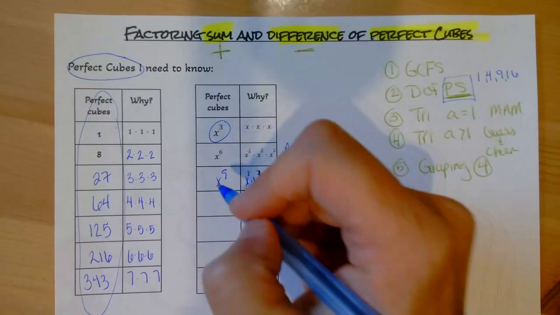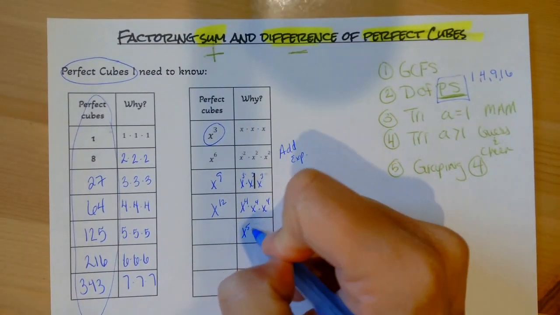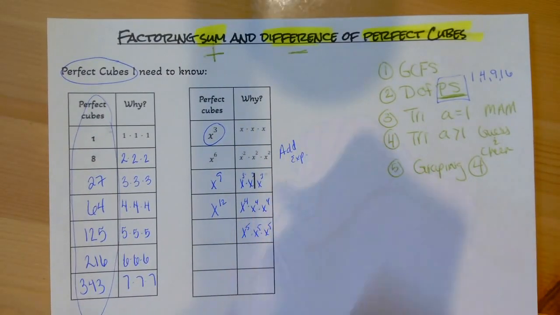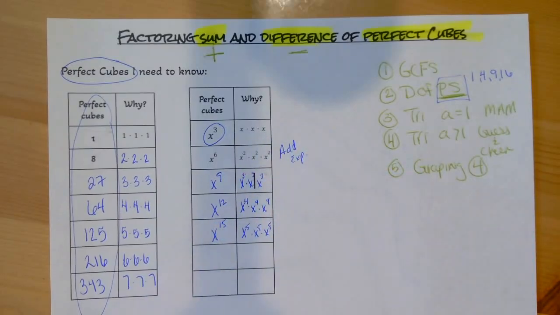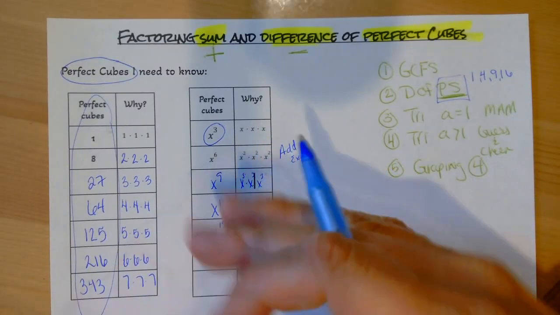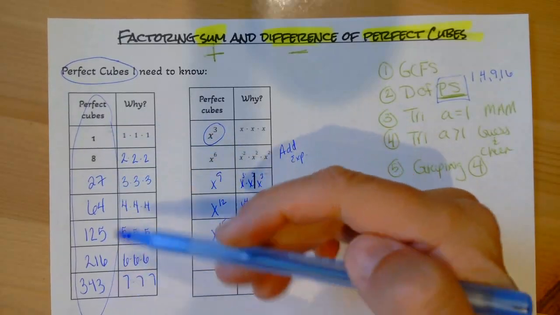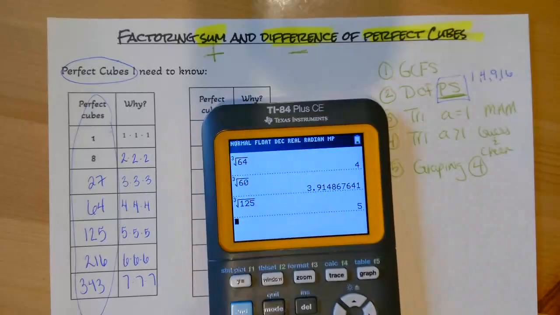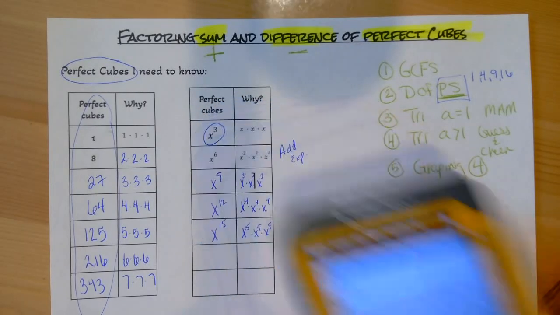Again, I'm adding the exponents, so that's x to the 12th. X to the 5th times x to the 5th times x to the 5th. 5, 10, 15. I get x to the 15th. And obviously this pattern continues. Okay, so we do want to recognize our perfect cubes. We want to recognize how we can test a perfect cube by taking its cubed root on the calculator if we need to check for ourselves.